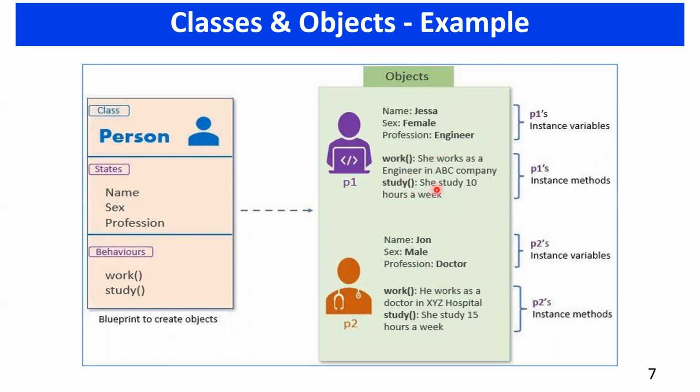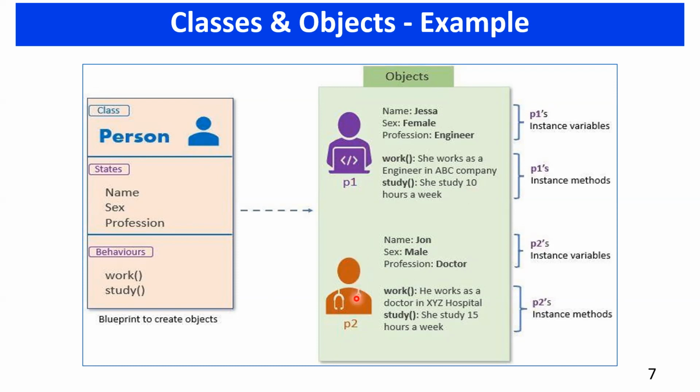So Jessa, female, and engineer represent the states of the person P1, and similarly, she works as an engineer in ABC company and studies 10 hours a week. These represent the behavior of the person P1.